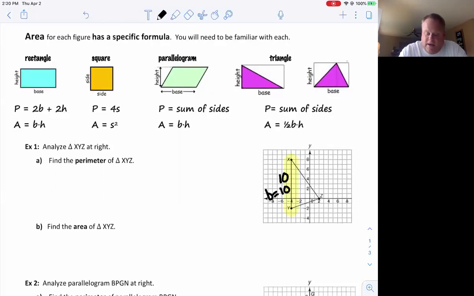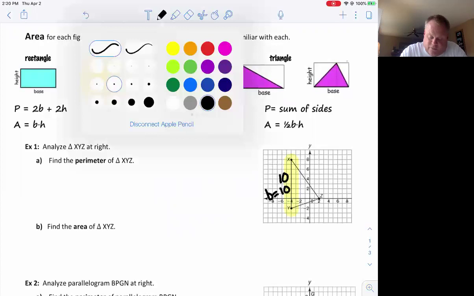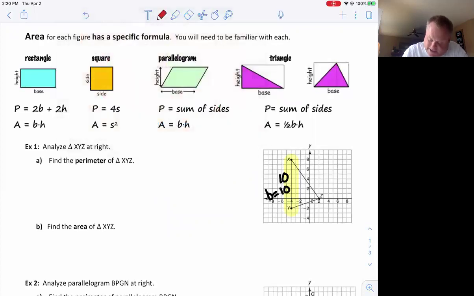The other thing I can look at is this: if that is a vertical line, then my height can be a horizontal line. So my height is going to come out from Z and go all the way to right there. I'm going to try to make that straight. So from here to here, that is my height, and that is also countable.